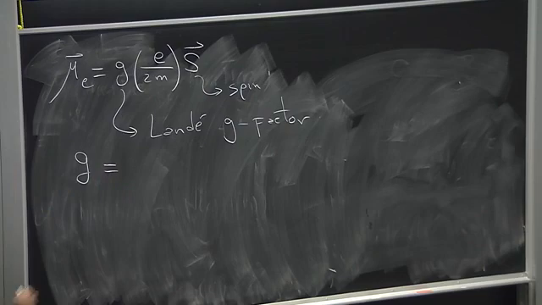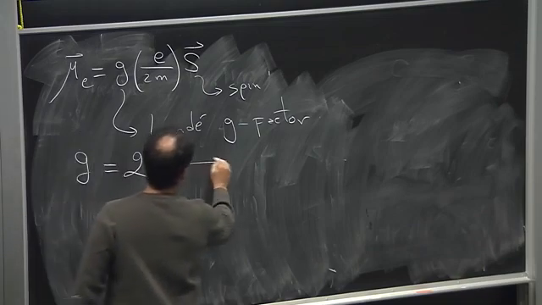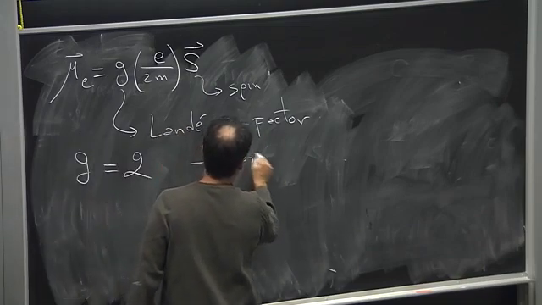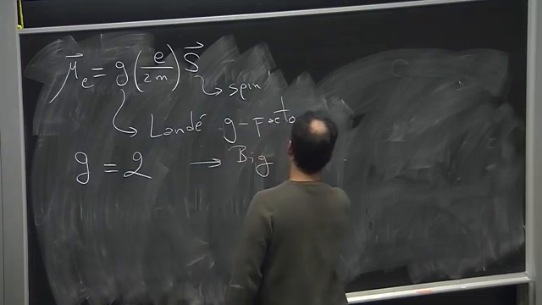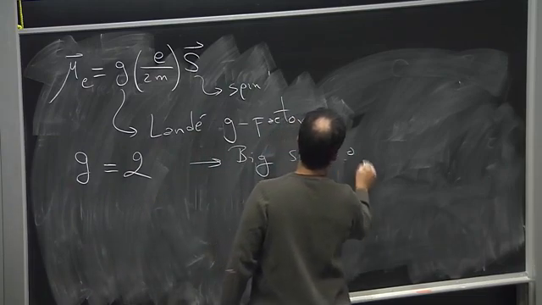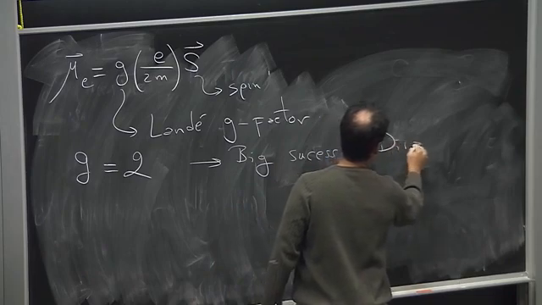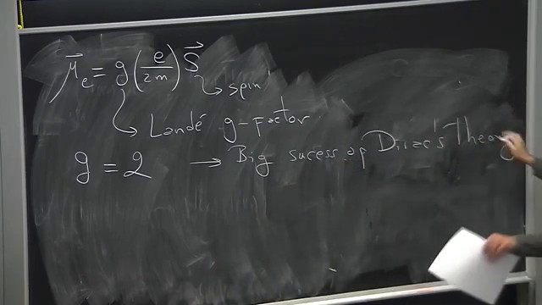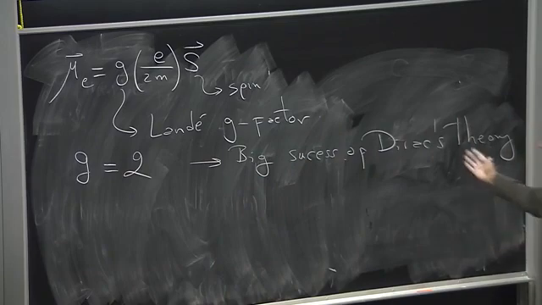It is 2. Exactly. And this was the big success of Dirac's theory. The first time he came out with it, the prediction is that it's 2.